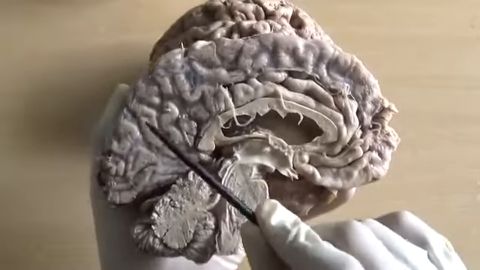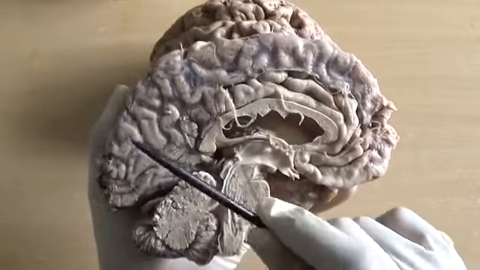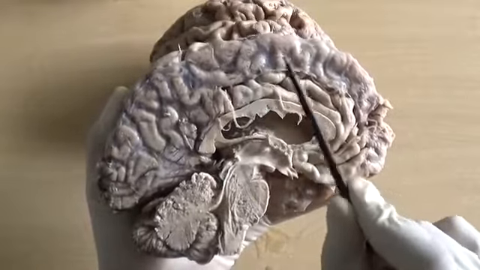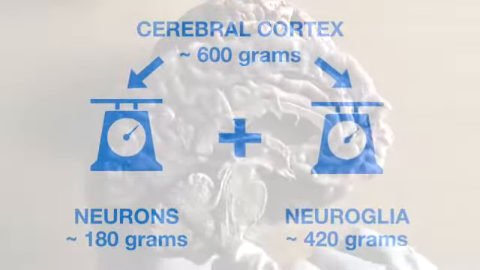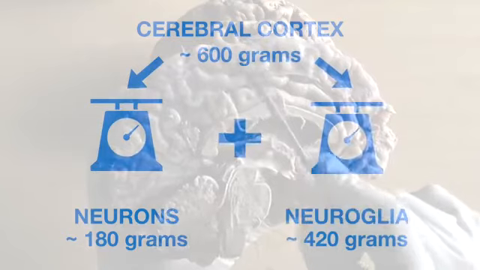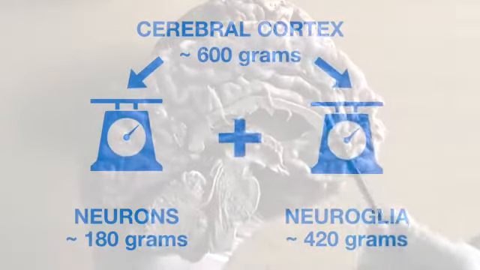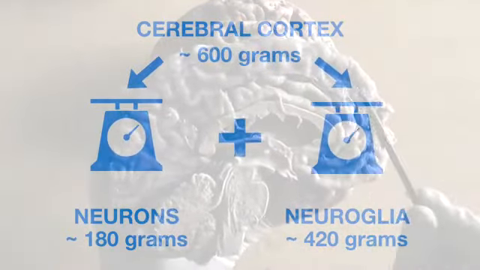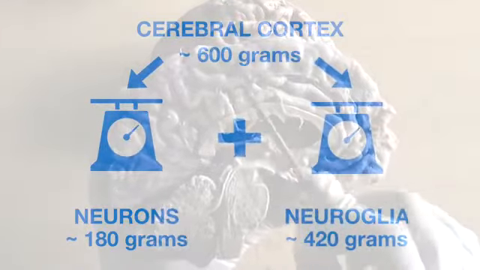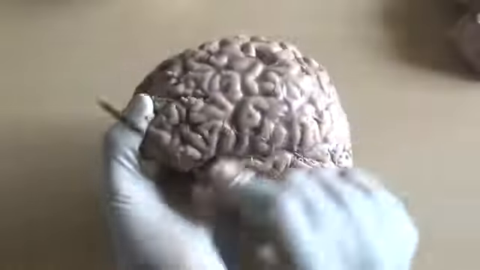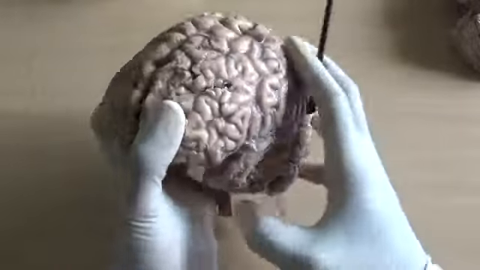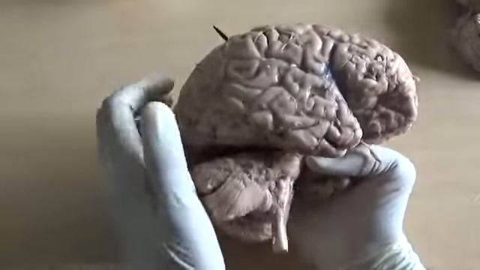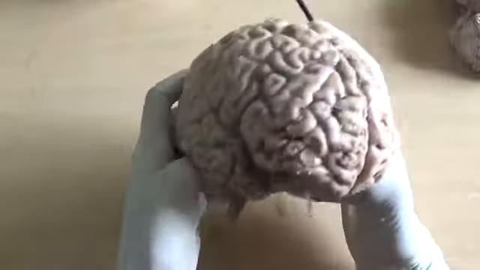If we talk about neurons in terms of weight, then out of 600 grams of weight of the cerebral cortex, 180 grams belongs to neurons, and the remaining 420 grams is the weight of neuroglia. Now throughout the cerebral cortex, within the neurons, within the cell bodies, all around, it can store memory.